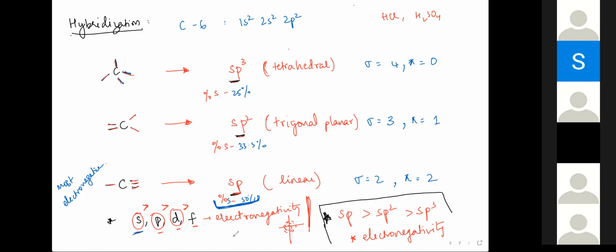No, because s orbital is an electronic orbital, right? It's not going to attract charges the way a proton on a nucleus does. So when we talk about orbitals, it's the tendency to hold on to those electrons the most. Okay.